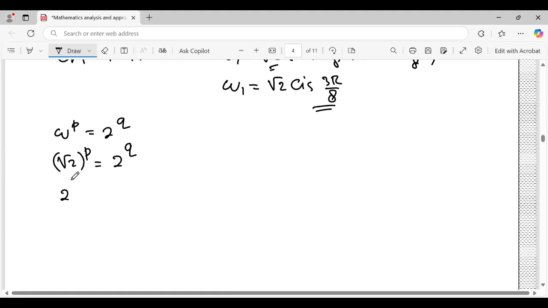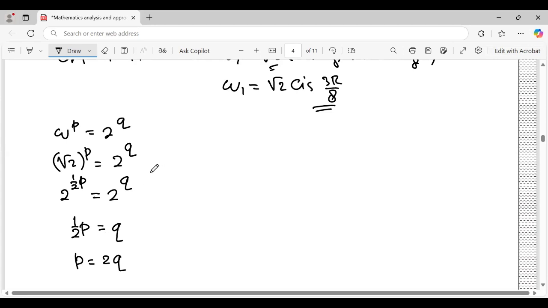We can write this as 2 to the power of one half p equals 2 to the power q. That means one half p equals q, or p equals 2q.